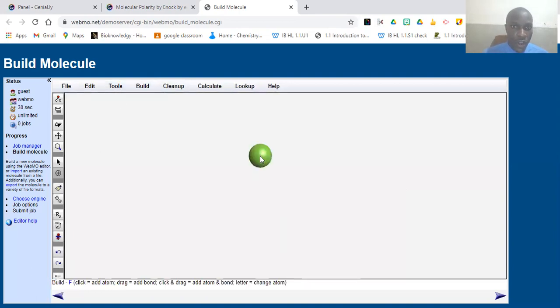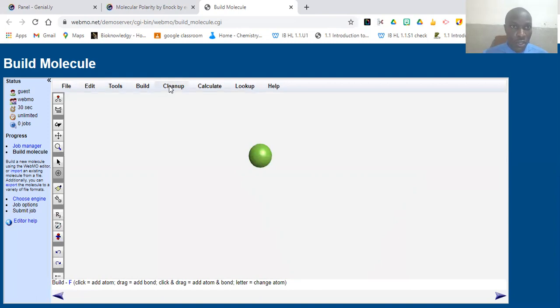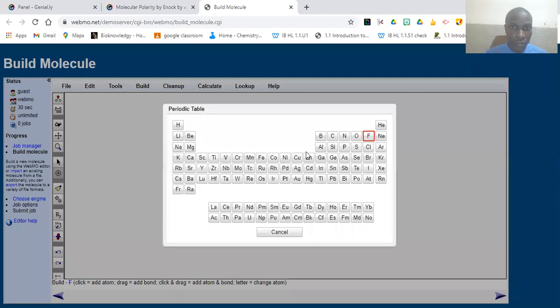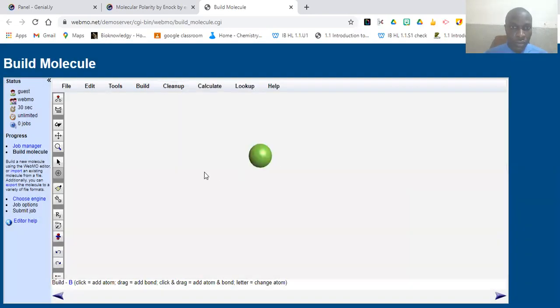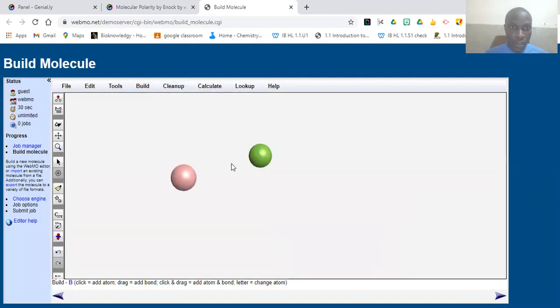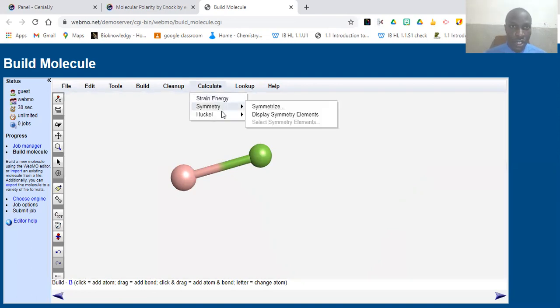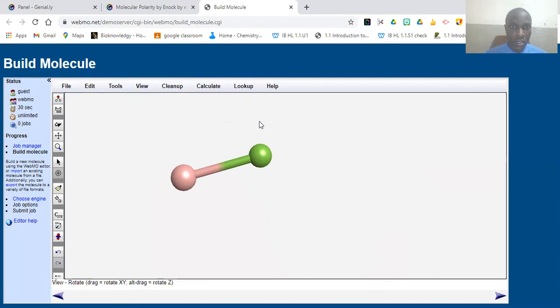So we have fluorine there, and let's add boron too. This is boron. Let's form a bond there. So let's try to establish the electron density and see whether it will be uniform.